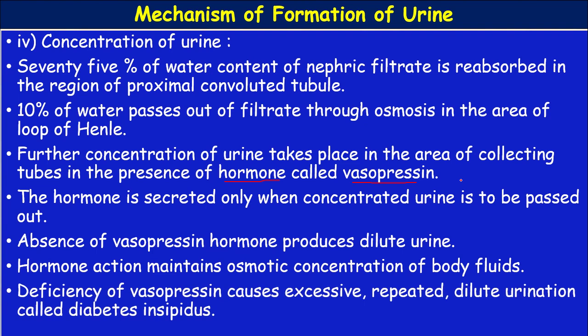So deficiency of vasopressin causes excessive repeated dilute urination called diabetes insipidus.